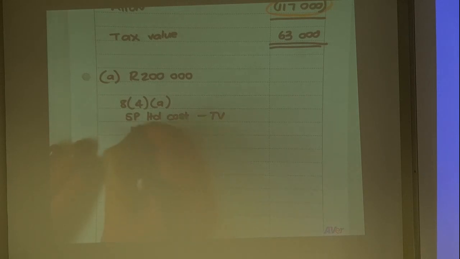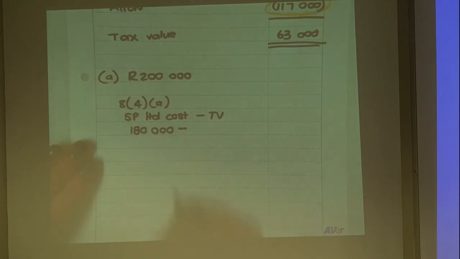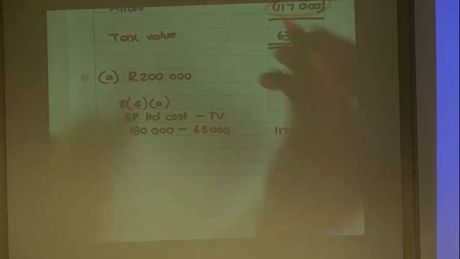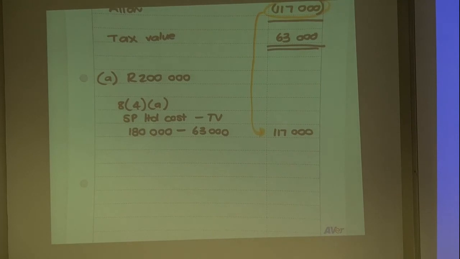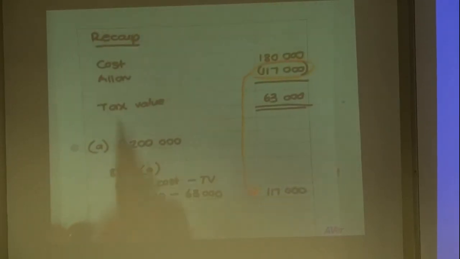So I'm going to limit it to the 180,000 Rand minus my tax value of 63,000 Rand, which means in scenario A, I have a recoupment of 117,000 Rand. Okay, which you'll see here is the total amount of my allowances. Okay. What else will be applicable here? I'm selling it for 200. My original cost is 180.